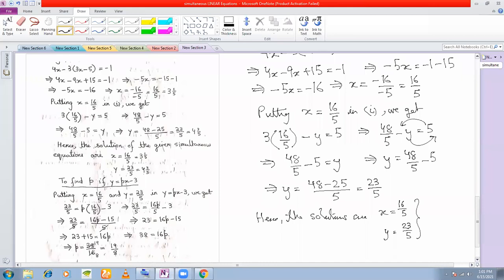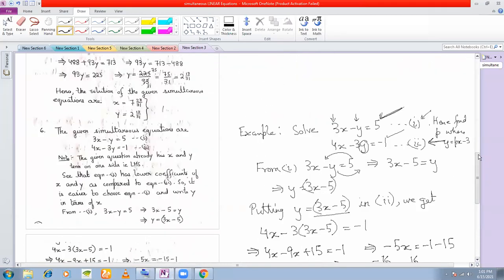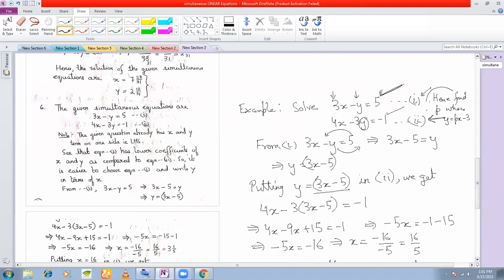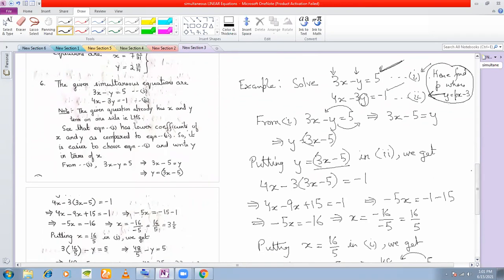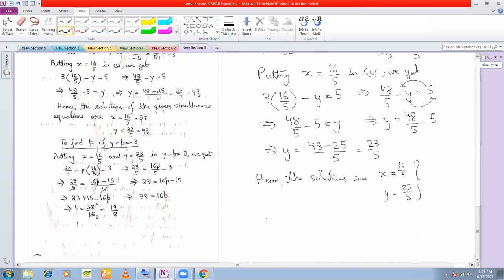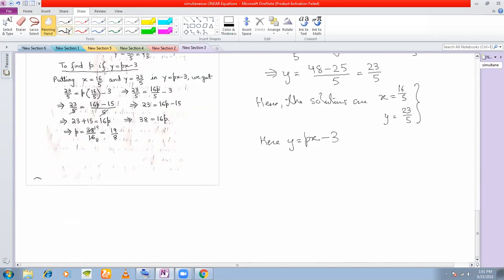Now there's a second part to this question. Not only do you have to solve these two equations, but you also have to find out the value of p. y is equal to px minus 3. Now once we have got the value of x and y, we can put it here. How will you find out the value of p?